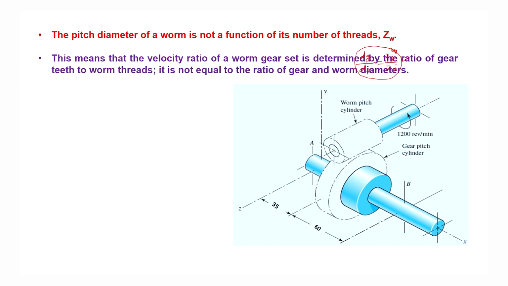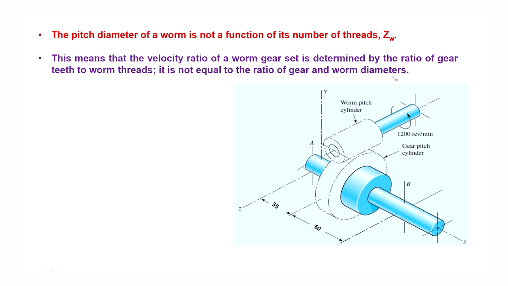This means that the velocity ratio of the worm gear set is determined by the ratio of gear teeth to worm threads. It is not equal to the ratio of gear and worm diameter.